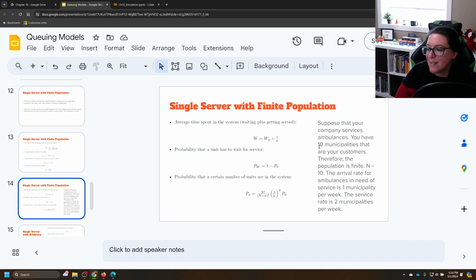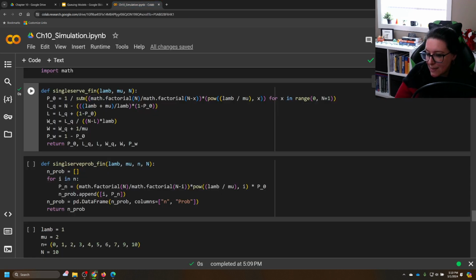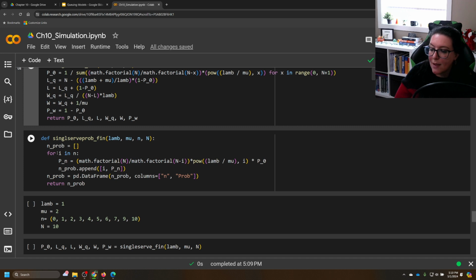Our number of units is going to go from 0 to 10 because that's everybody. And so we can run through that list and see what the probability is. So here we're going to create the function, start with an empty list, number probability equals, and then hard brackets. Our loop, as we loop through, we append the value for n, which is i here in our loop, and then the probability with it.